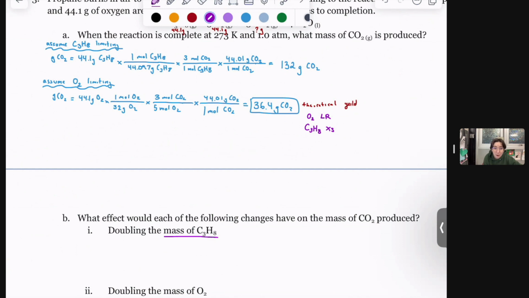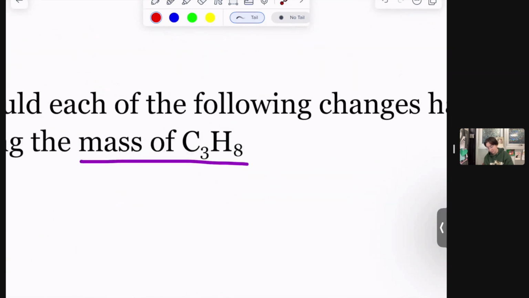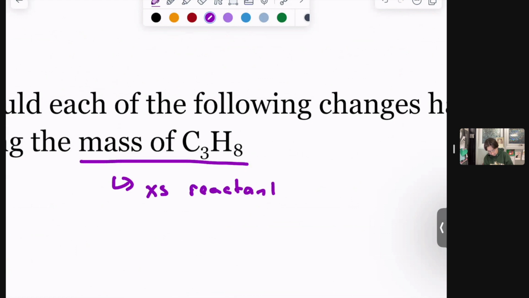Just adding more to the pile, it's not going to change the amount I actually make, my theoretical yield, because I have plenty of propane. More isn't going to change the fact that it's limited by my oxygen. So again, excess reactant, no effect on my yield.